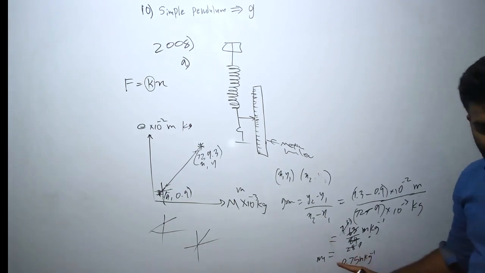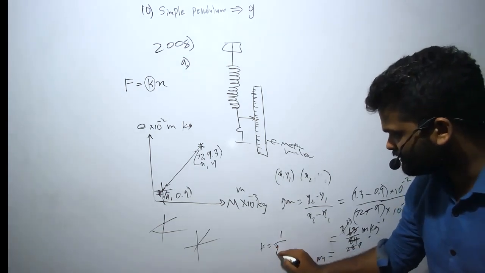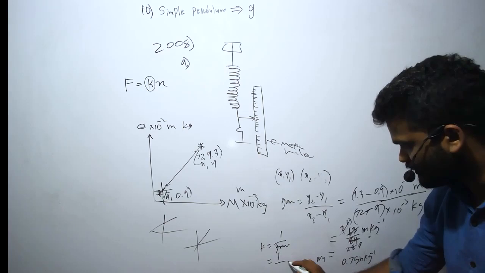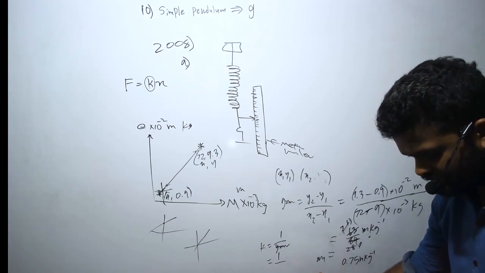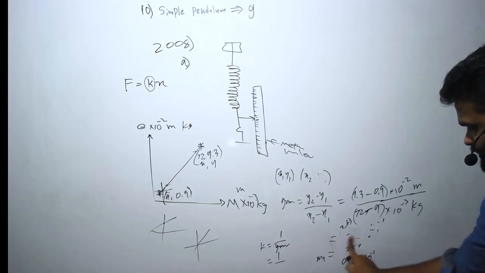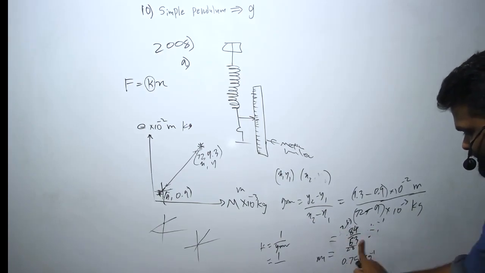So it is obvious the spring constant should be 1 over gradient, right? Spring constant is 1 over gradient. So here you get 84 divided by 63. 84 divided by 63.